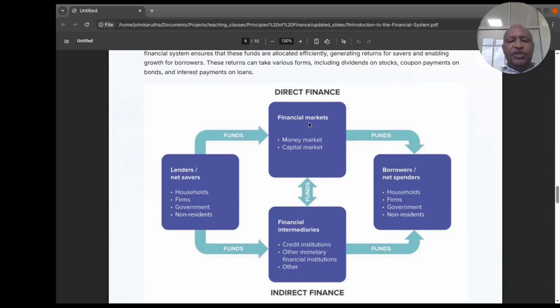So all financial intermediaries down here, they engage in what we call indirect finance. They take your money, put it in the account, they take your money, lend it out. That is indirect. In the financial markets, on the other hand, this is what we call direct finance. Think of a market.